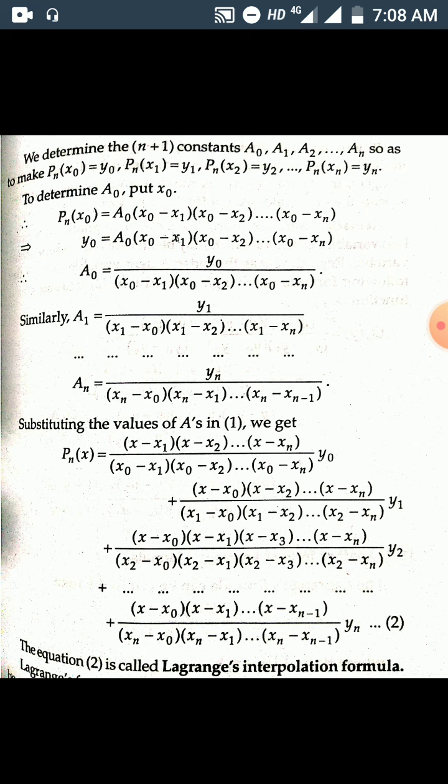The last term is (x minus x0)(x minus x1)...(x minus x(n minus 1)) divided by (xn minus x0)(xn minus x1)...(xn minus x(n minus 1)) times yn. Call this equation 2, and this equation 2 is called Lagrange's interpolation formula.